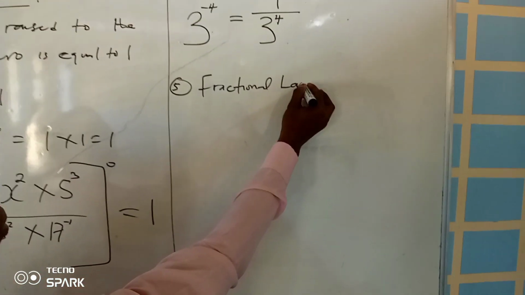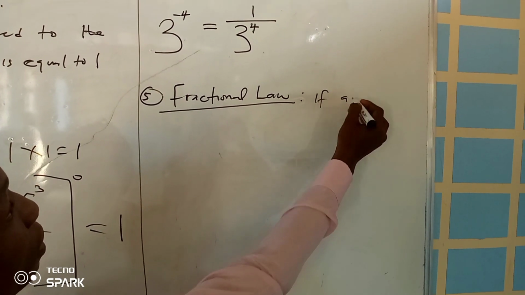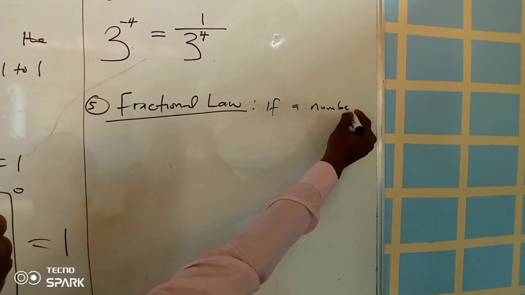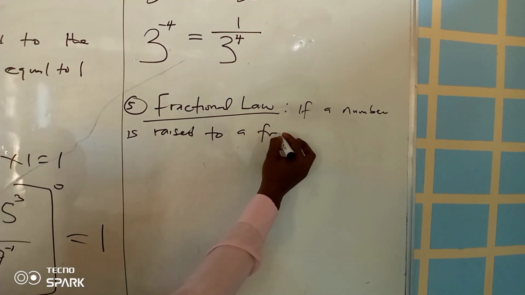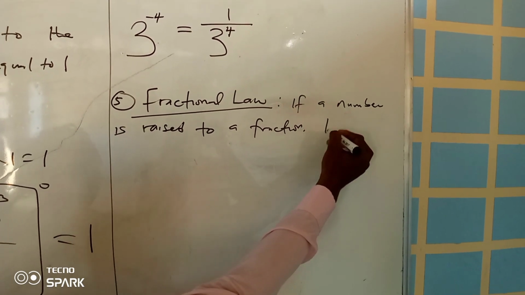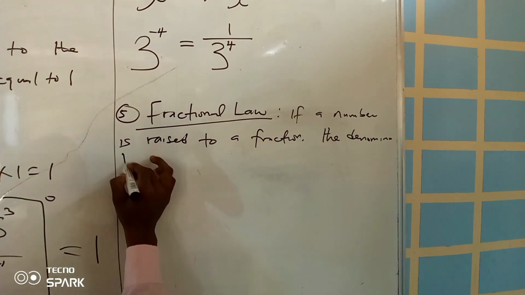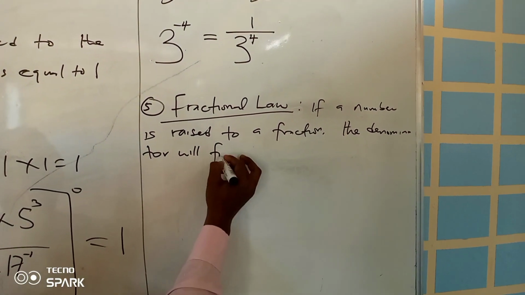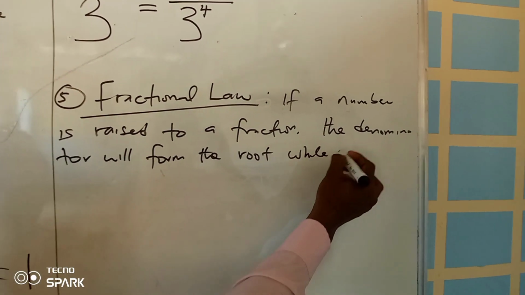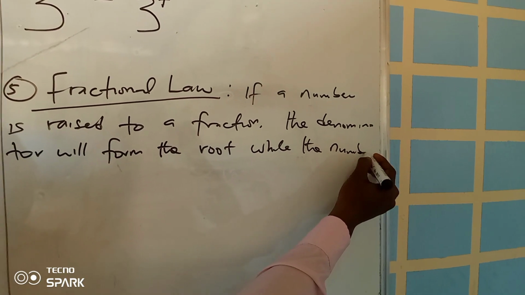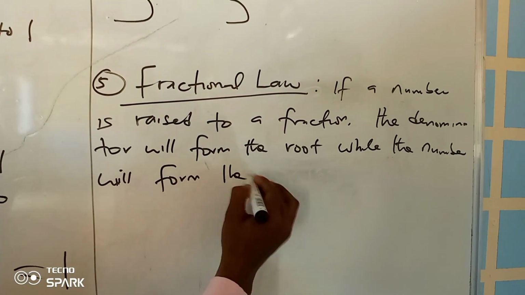Now, it says that if a number is raised to a fraction, the denominator will form the root, while the numerator will form the power.